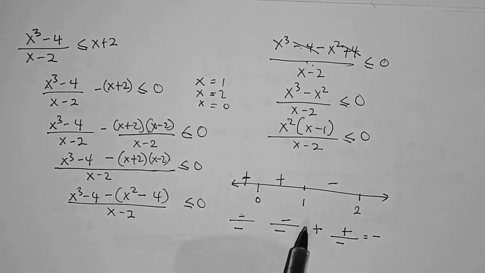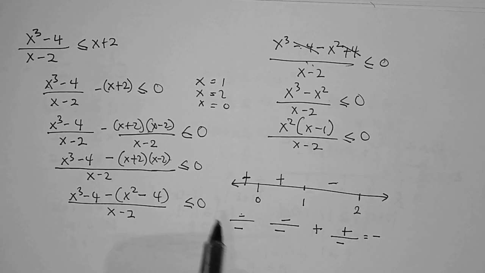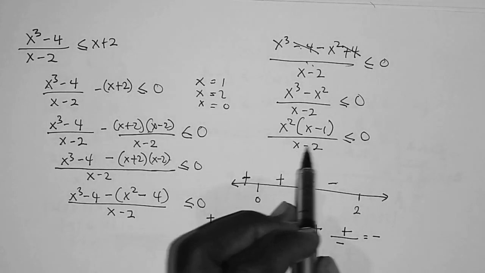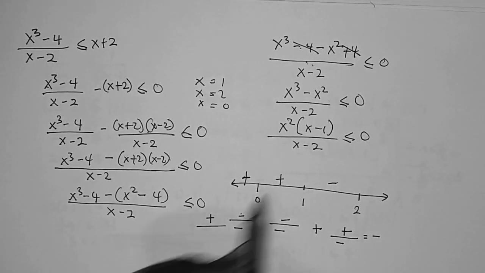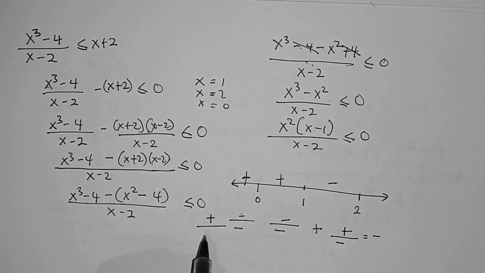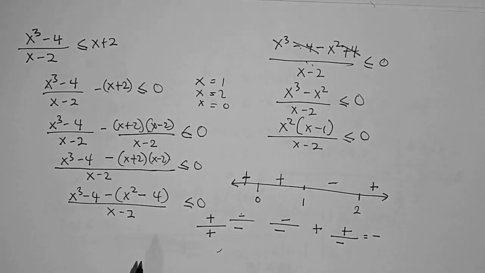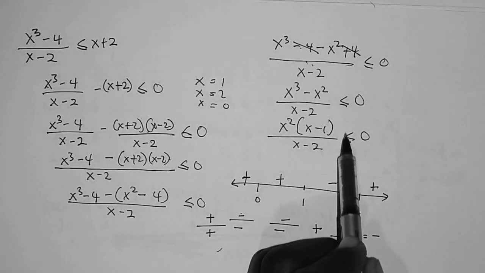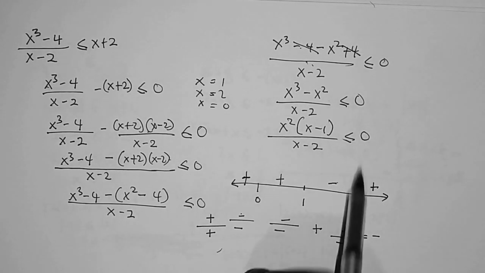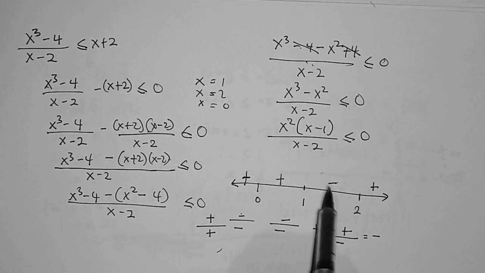Let's check values greater than 2. For example, 3. 3 minus 1 is a positive number, divided by 3 minus 2, which is also a positive number. A positive number divided by a positive number will give us a positive number. So this region too is positive. But we are only looking for regions which are 0 or less than 0, so it's only this region.